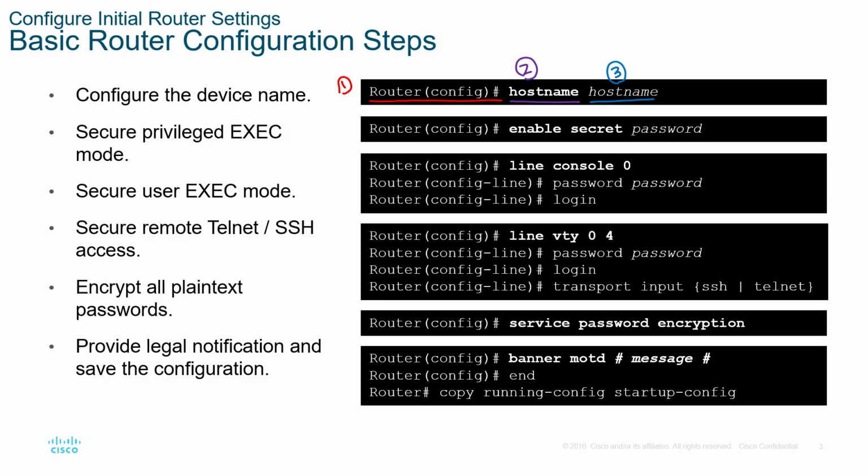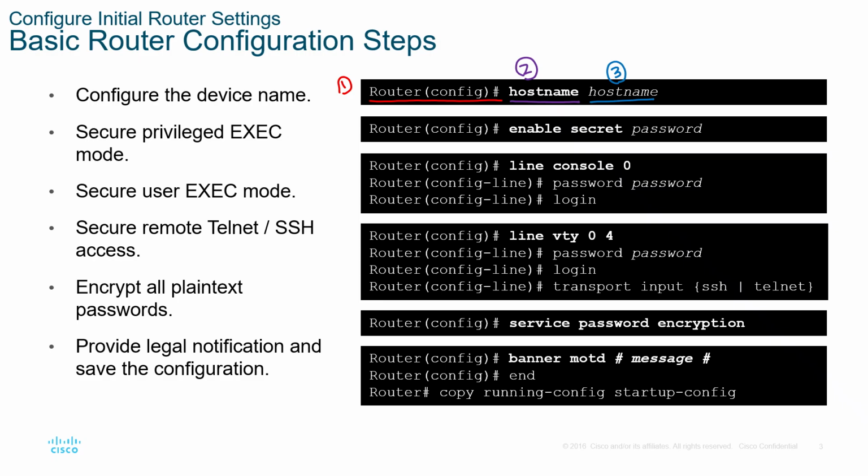Secure privilege exec mode. Everyone gets confused about what password they're looking at when they're looking at their device. Your privilege exec mode. I want you to think back to when we first started talking about routers and configuring the routers. How did we get into executive mode, executive privilege from executive user?